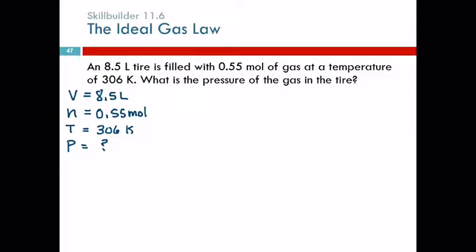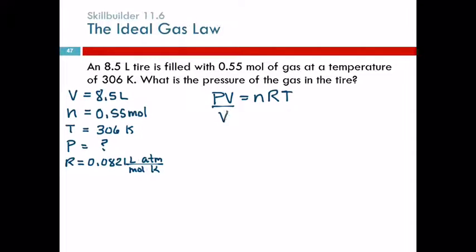And then just for good measure, let's write down R. 0.0821 liters times atmospheres divided by moles times Kelvin. I don't have anything changing. It's just a tire just sitting there. And we want to know what the pressure is. Ideal gas law, PV equals nRT.